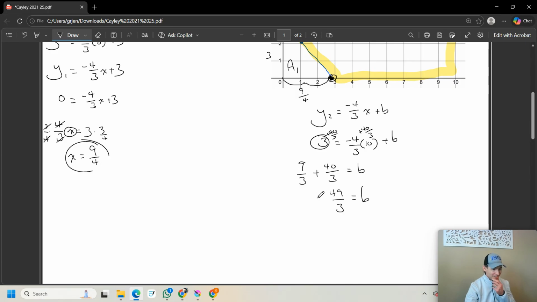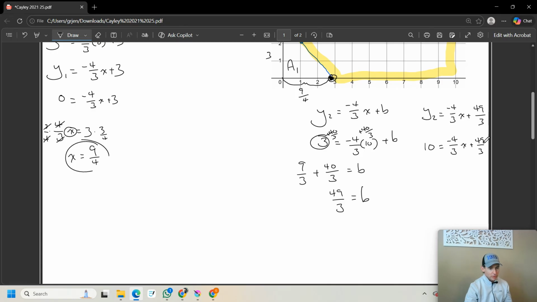All right, so now we're just going to say, well, we know that y2 is equal to minus 4/3 x plus 49 on 3, and we want to know when is y2 10. Sorry, for what value of x is that true?